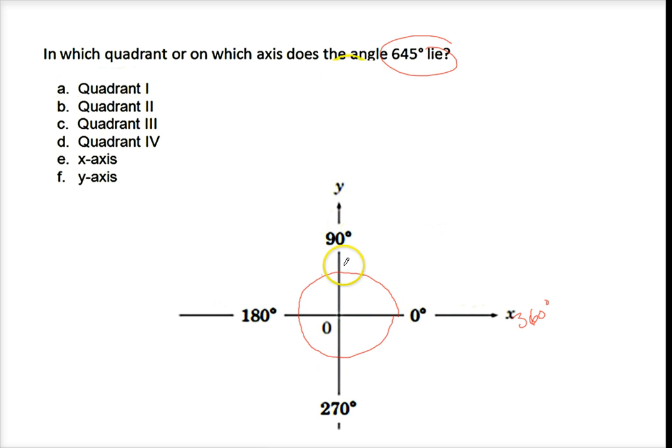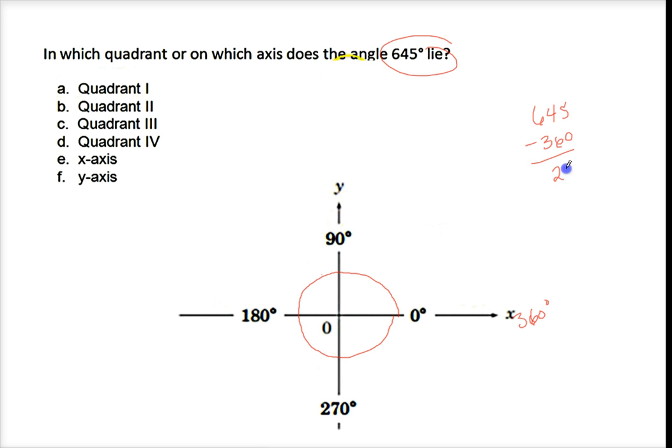And then we go 90 more at each place. But it can be kind of cumbersome to add 90 and add 90 and add 90 and find out where we are. So one thing we can do is take the 645 degree angle and subtract the full circle from it. Okay, so if we subtract the full circle, we'll find out how much is left over.